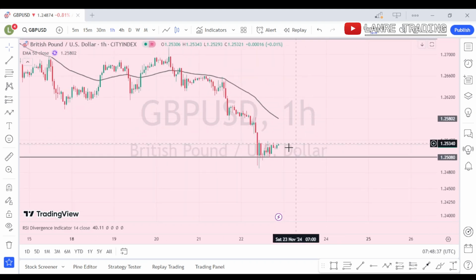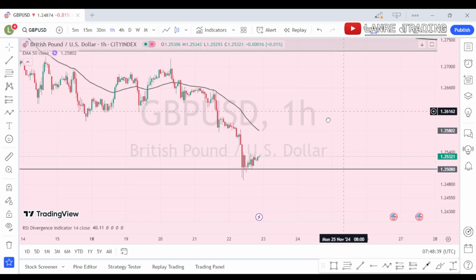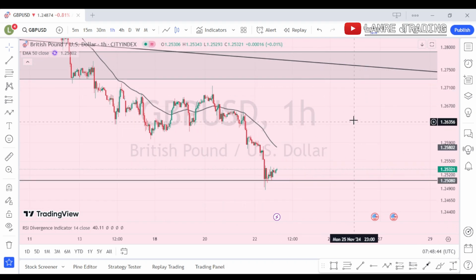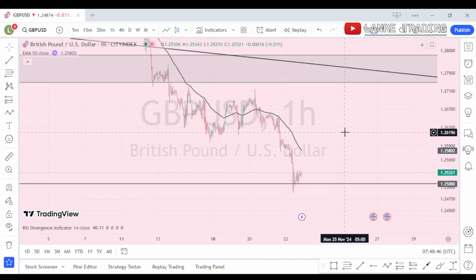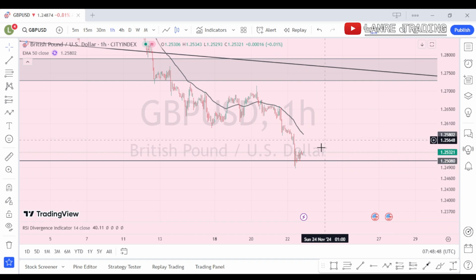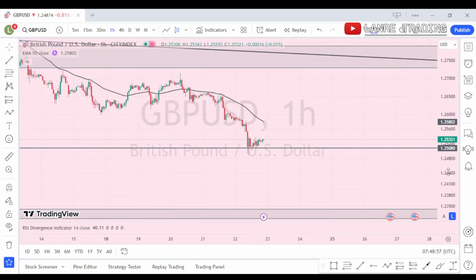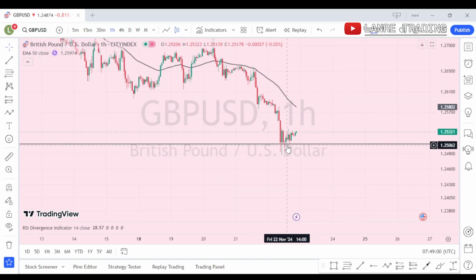But if price uses this zone to hold, so it can pull back to retest this level, we are definitely ready for it. So let's be open and careful of taking trades at this level, and let's put at the back of our mind that we should not trade what we think is going to happen. Let's patiently wait and trade what we see on the charts.